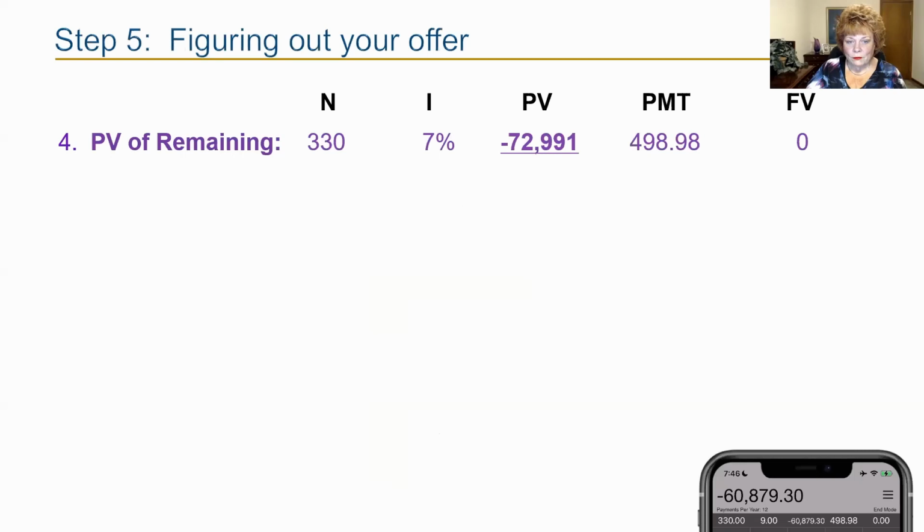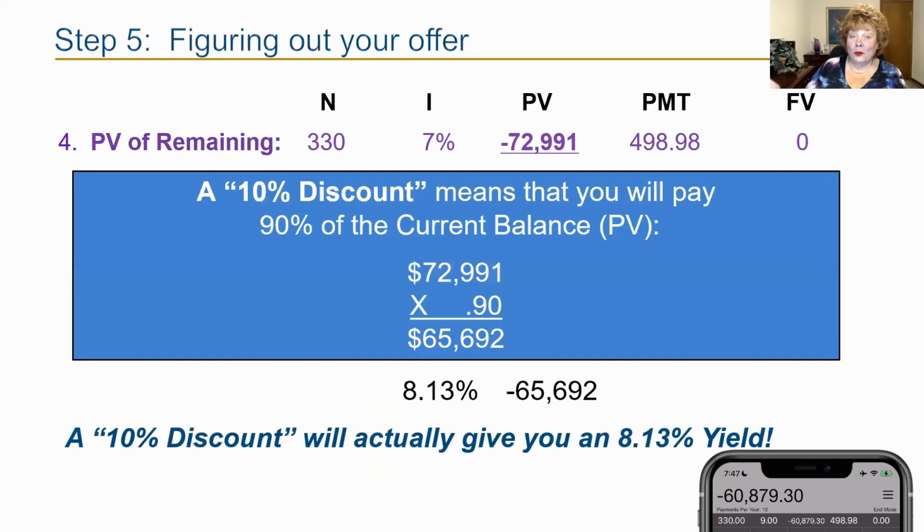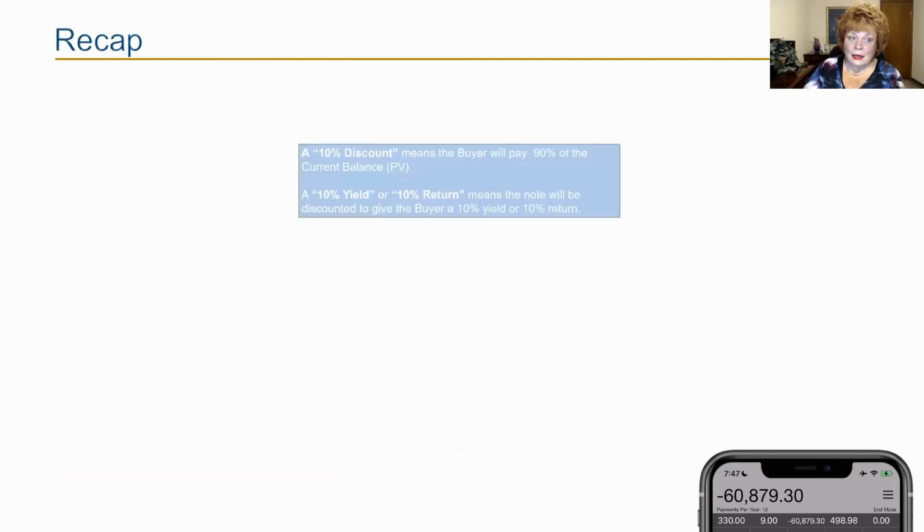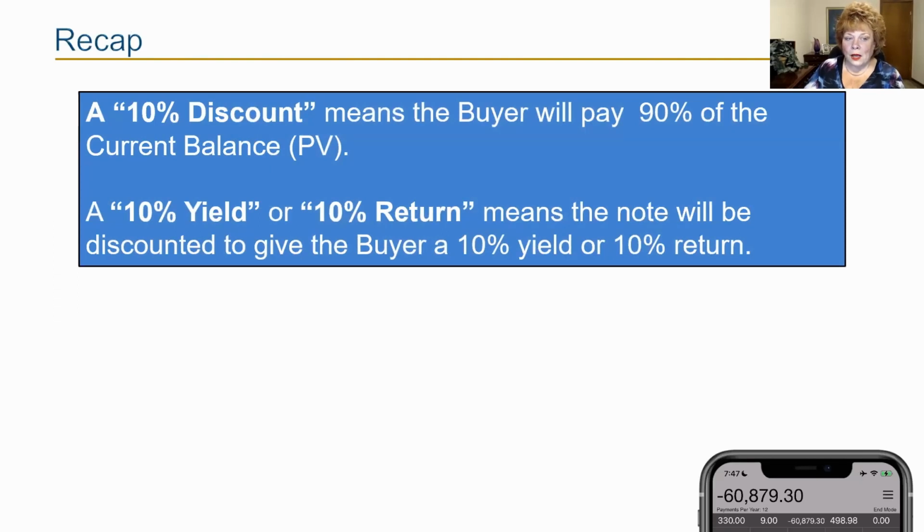But if he wants 10% off the top, he's going to pay $65,692, and his actual yield is going to be 8.13. That can be so confusing. Some people just throw the terms around so loosely that I really can't tell exactly what they mean.